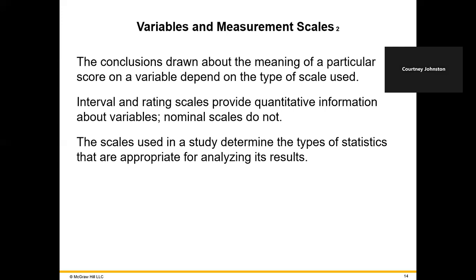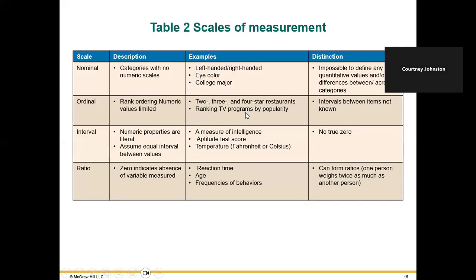The scales used in a study also determine the types of statistics that are appropriate for analyzing its results. So here are some examples as well. In regard to nominal, they're categories: left-handed, right-handed, eye color, college major. There's nothing quantitative about this. You can't attach any sort of numerical value to any of these.